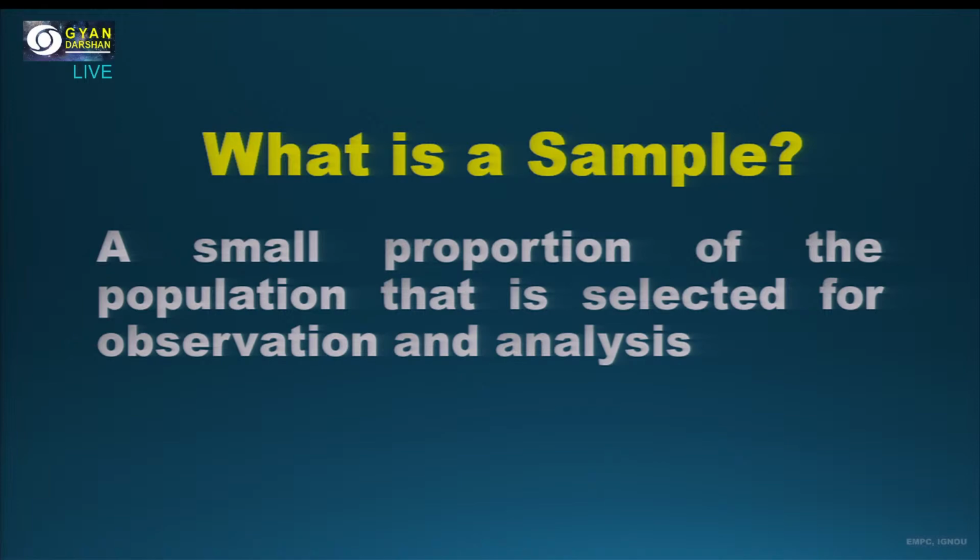So I hope you got an idea about the population. Population is very big in number. They share some common characteristics. Basically, they are a big group, a huge number of respondents, or units or members. And it is going to be difficult to collect data from the entire huge basket of units or members.